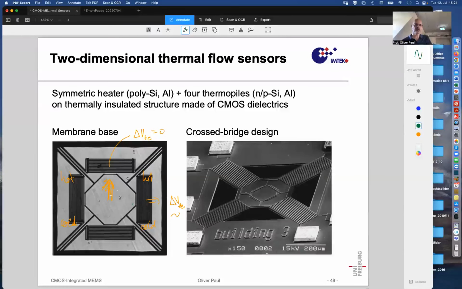And if there is a gas flow in this direction, of course, here we'll have delta V thermoelectric different from 0, proportional to Vx, whereas this is going to be proportional to Vy, and so with this structure you can determine the direction of the wind velocity. And then there was also a crossed bridge design, with central heater and then thermopiles, like 2 membranes superposed on each other.